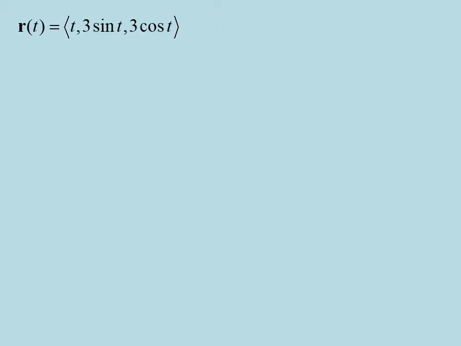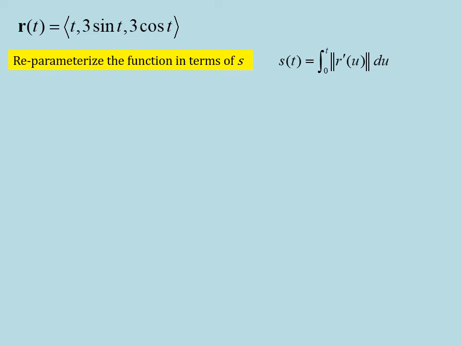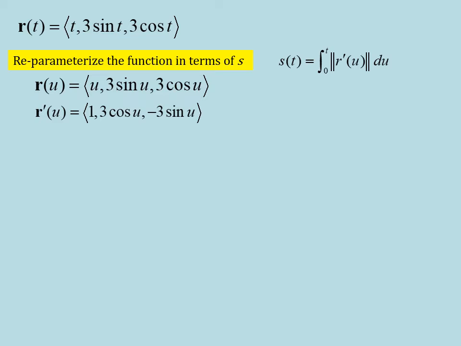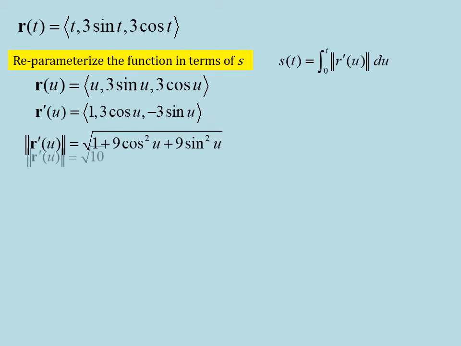Now, since we did this in the last PowerPoint, I'm going to go through this a little bit quicker. To reparameterize it, we need to take the definition of the arc length function, use a dummy variable, do the derivative, the magnitude, and simplify, and then integrate that.